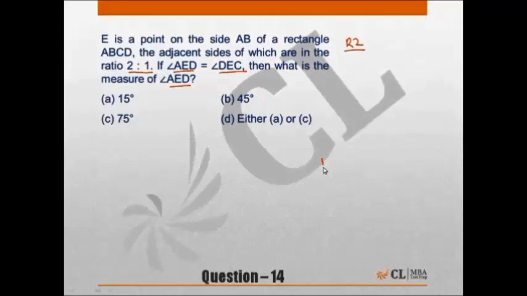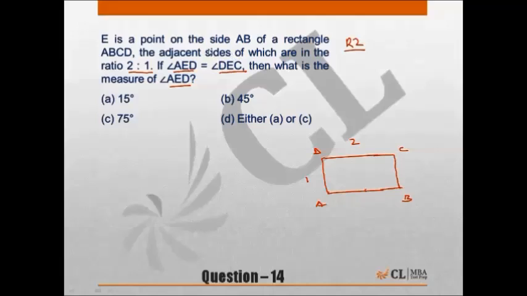Let's draw a rectangle whose ratio of sides is 1:2. Let's take this rectangle as ABCD. Let me assume the sides are 1 and 2, which means the length of this is 1, the length of this is 2.